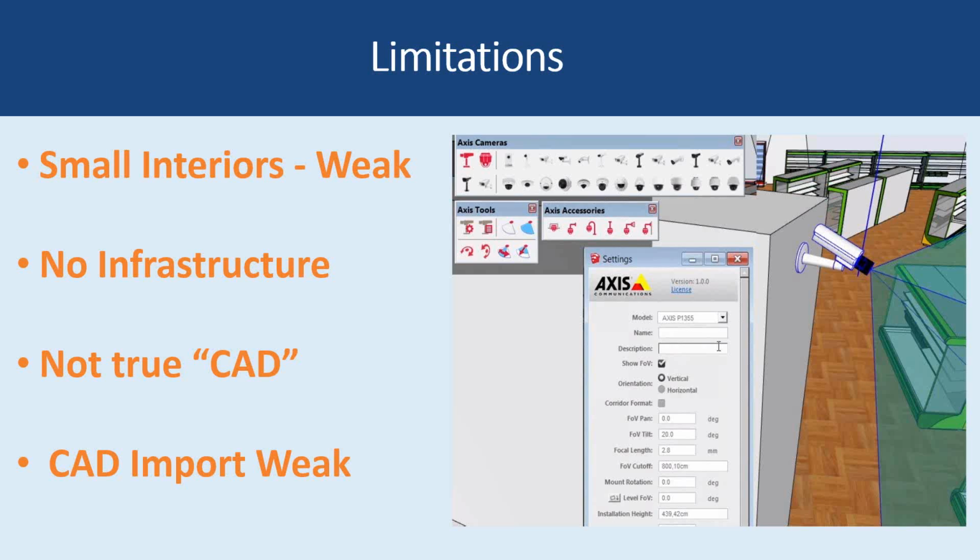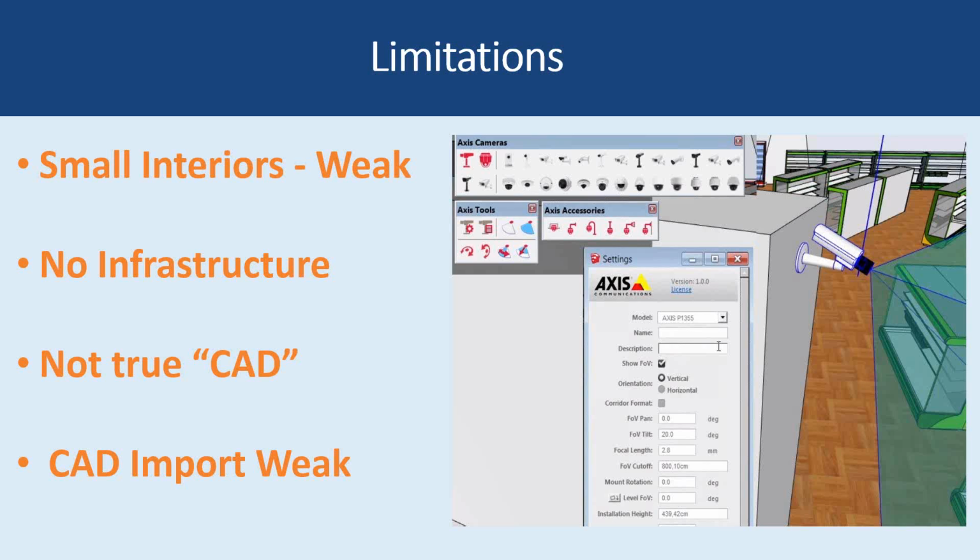And then whenever we say no infrastructure, what that means is it's great that I can lick and stick these cameras anywhere in my model. That doesn't mean that it's possible in real life. I still have to find things like suitable mounting surfaces for my cameras. Just because I can stick a camera on a surface in SketchUp doesn't mean I can do that in real life.